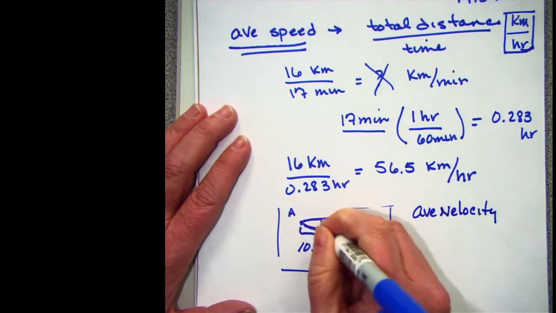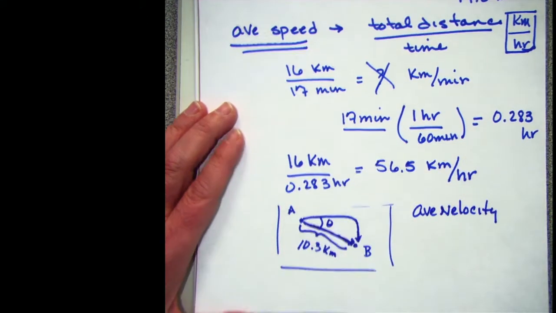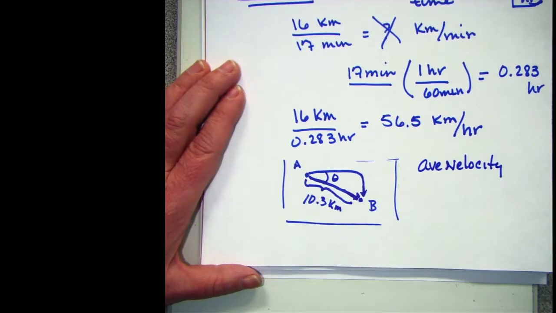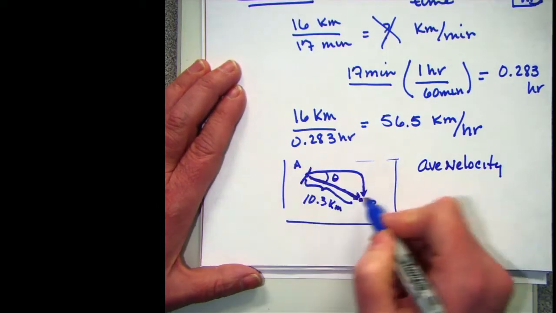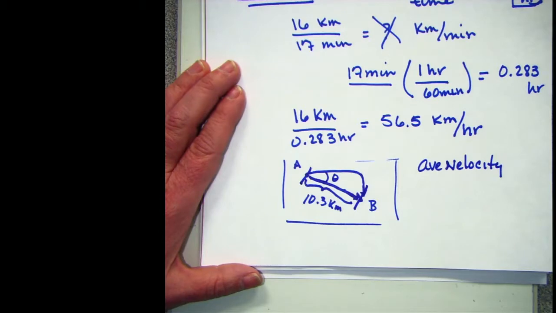And we're also given this angle, but I really don't need that angle because this is motion in one dimension. I just need the magnitude of that vector. The angle was put in there just to throw you off.